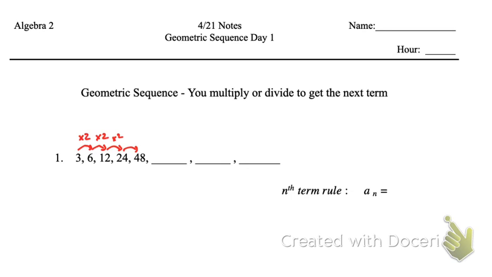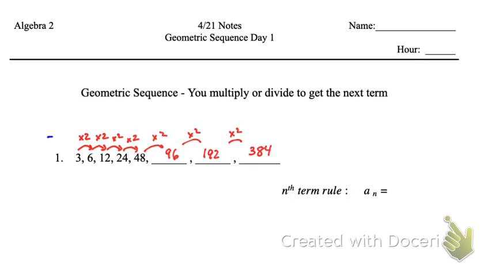Or excuse me, 12 times 2 is 24. 24 times 2 is 48. We times by 2 again, we'll get 96. Times by 2 again, we'll get 192. Times by 2 again, we'll get 384. So there are the next 3 numbers in that list.